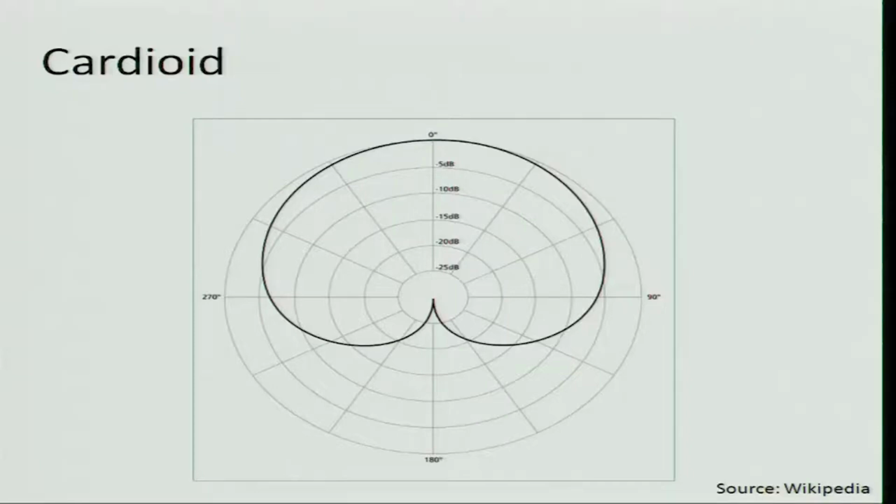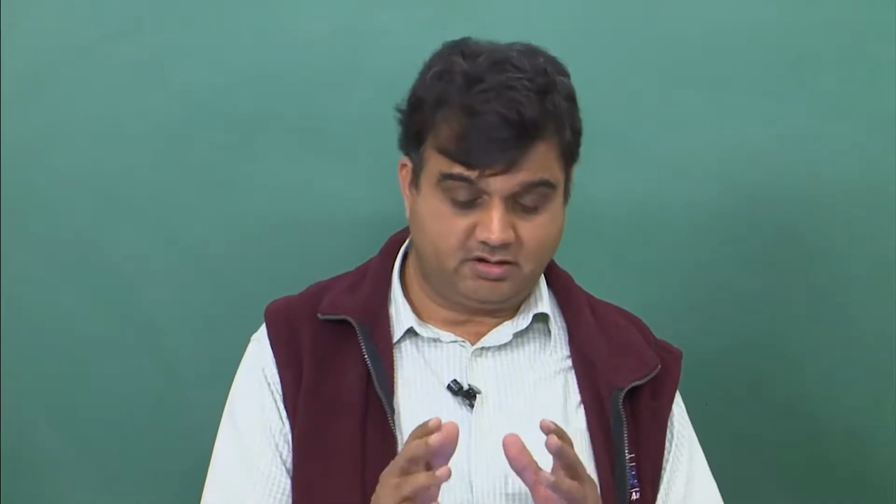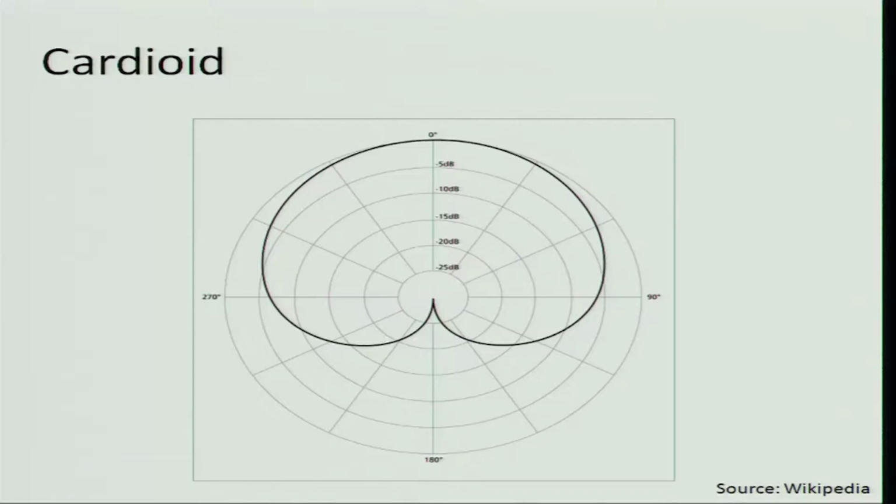This is another shape, and this directivity response is known as cardioid response. What is cardioid? See, cardiac arrest, cardiac problems, all this, cardiac refers to the heart. So here the picture looks somewhat like a heart. That's why it is known as cardioid response, because the directivity response of the microphone looks like that of a heart.